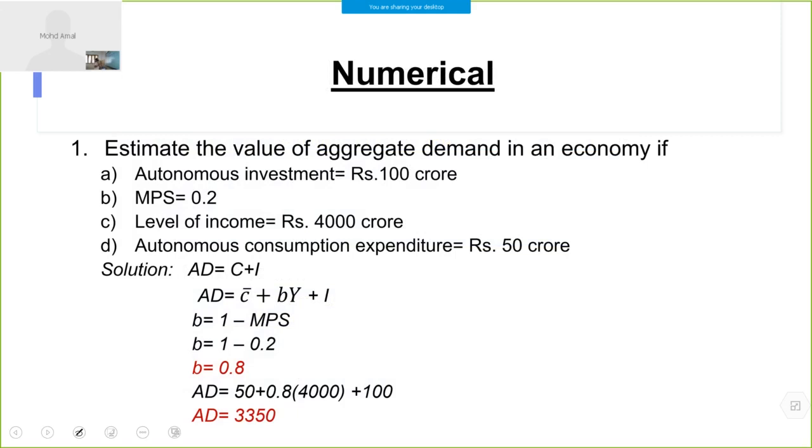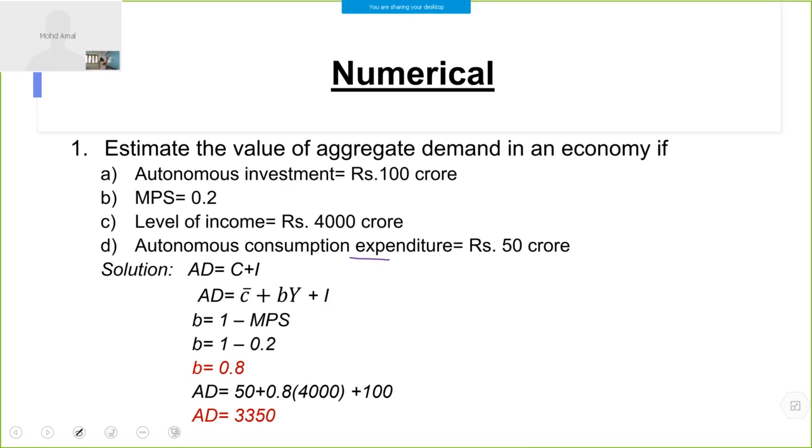Estimate the value of aggregate demand in an economy if autonomous investment is equal to rupees 100, MPS 0.2, level of income rupees 4,000, autonomous consumption expenditure rupees 50. Suppose this is our question, you have to identify what all is given.